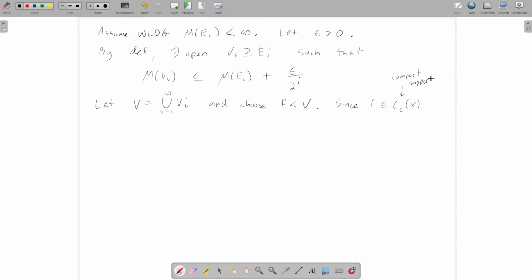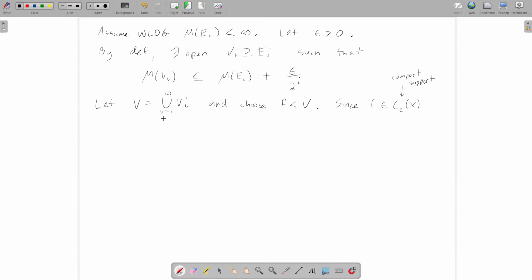That means the support of F is contained in a finite number of these V_i's, right? So the definition of compact is that every open cover has a finite subcover. This is a cover of the support of F, which is given to be compact.